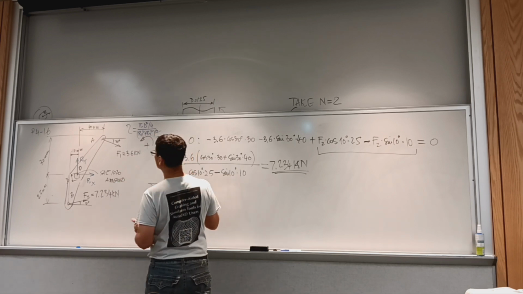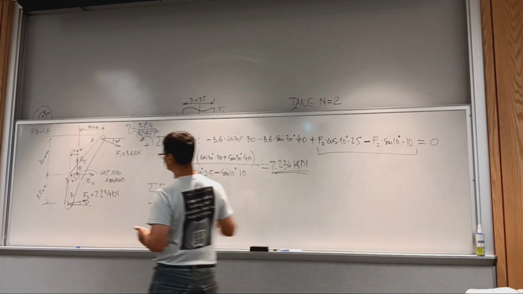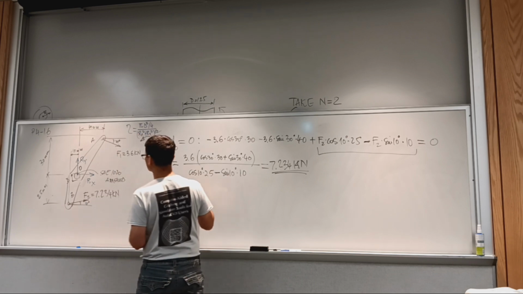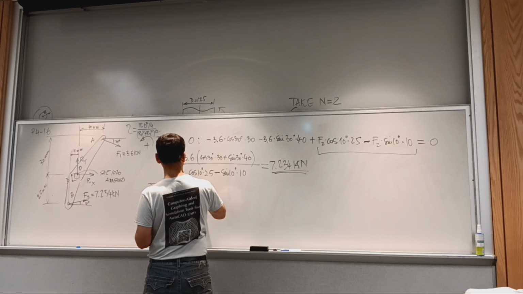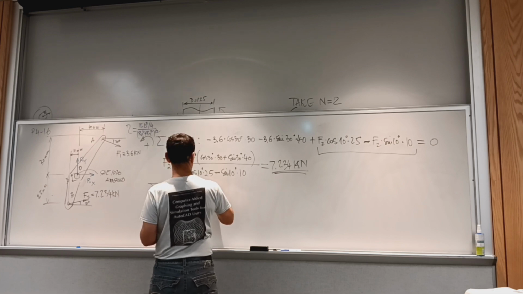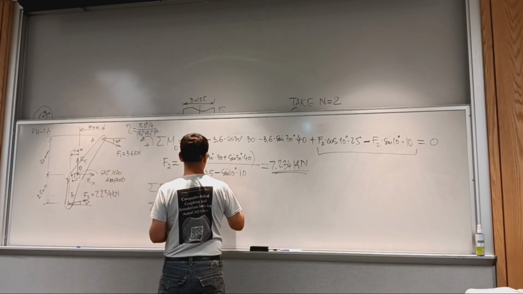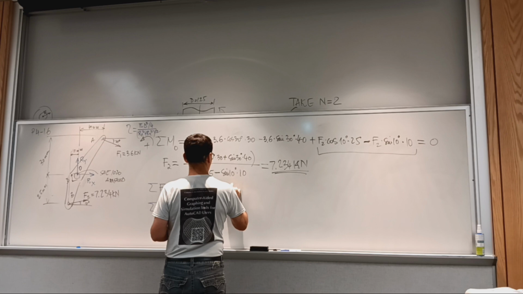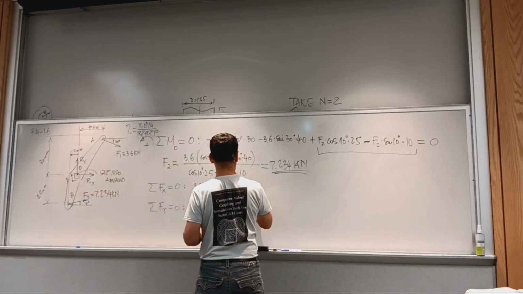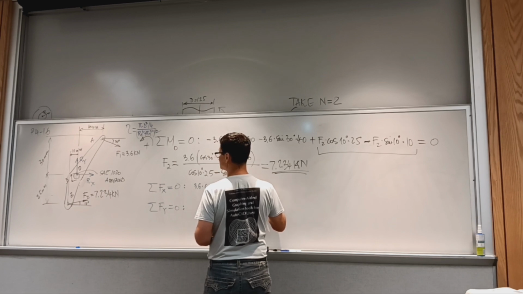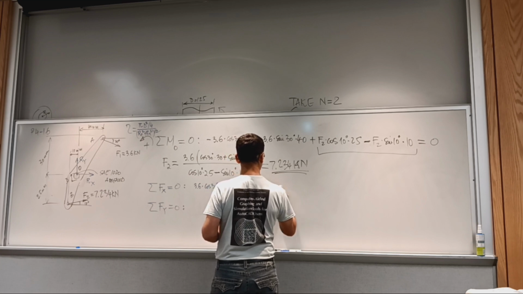So for the x direction, this ended up being positive, so the orientation was unchanged. We can start from above to below. So it will be 3.6 times cosine of 30 degrees, plus Rx, plus 7.234 times cosine of 10 degrees equals 0.